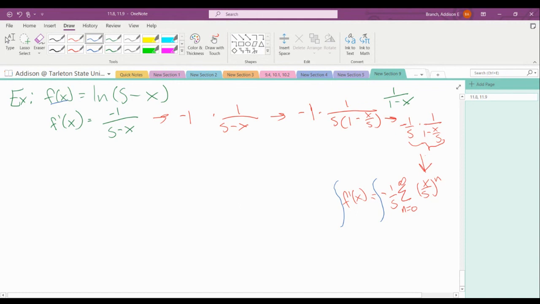So the first thing we want to do is clean up this function a little bit and separate out our x by itself and everything else before we integrate. Let's put that 1/5 back in there. We can leave the negative out for right now, though.